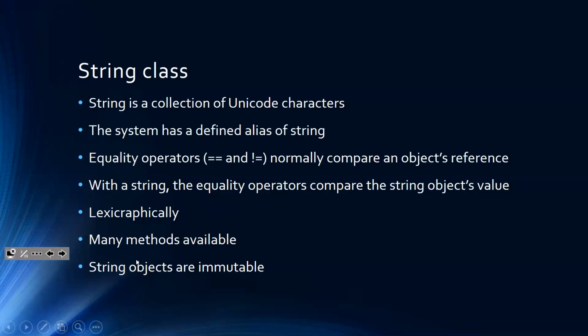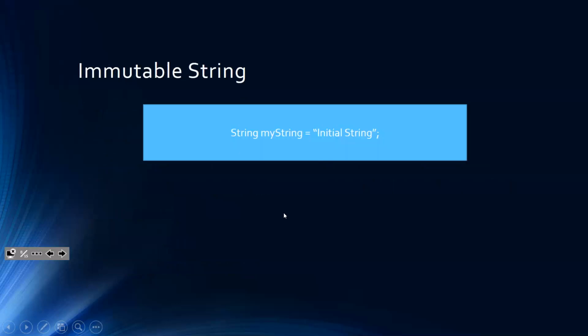Now again, the string class has a lot of methods, and we want to be aware that string objects are immutable. So what does that mean? That means if I start out with this string named myString, and I give it a value of initial string, it's going to be allocated in memory, and these characters are going to be sitting there at that memory location that is referenced by myString's name.